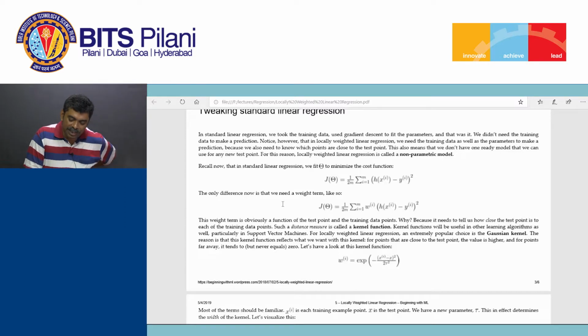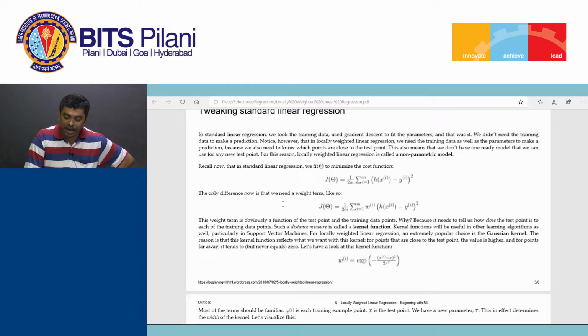You can see that this is exactly what we want, because we want points which are close to the data point. This is a negative exponential function, so when xi minus x is small, the weights are larger.